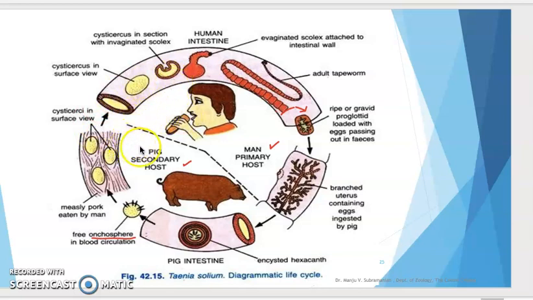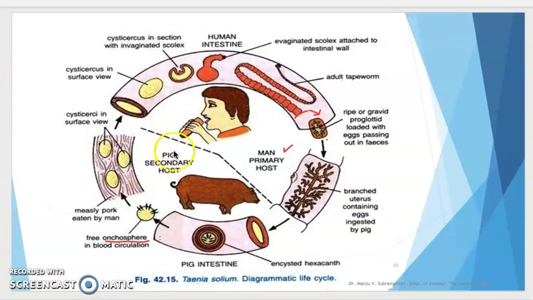If we eat the improperly cooked muscle of this pig, the cysticercus reaches the body of man. The pig muscle heavily infested with cysticercus is called measly pork.